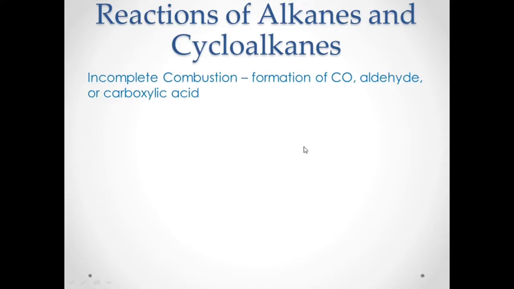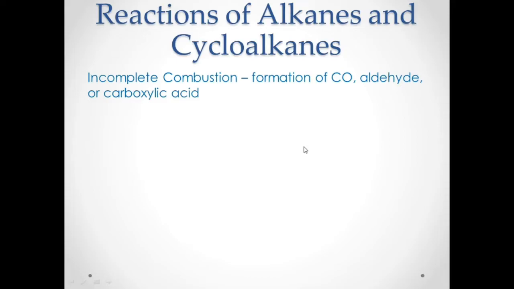So remember, for complete combustion, the starting material should be alkane plus oxygen, then the products should be carbon dioxide, water, and heat energy. For incomplete combustion, it's the same: an alkane or cycloalkane plus oxygen is the starting material.